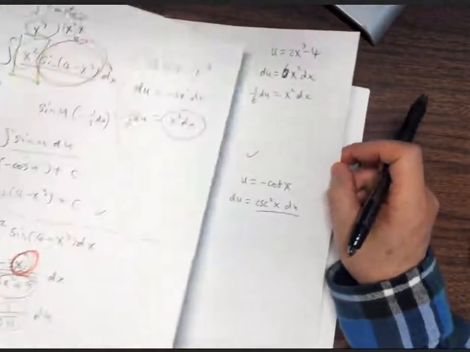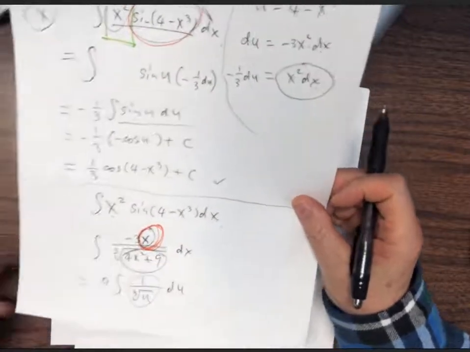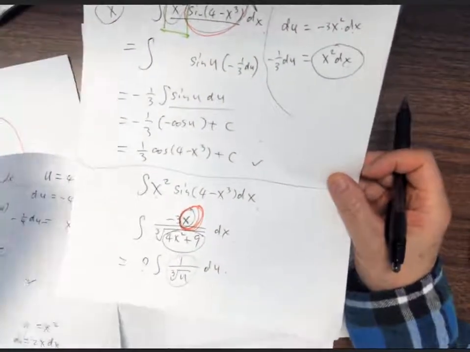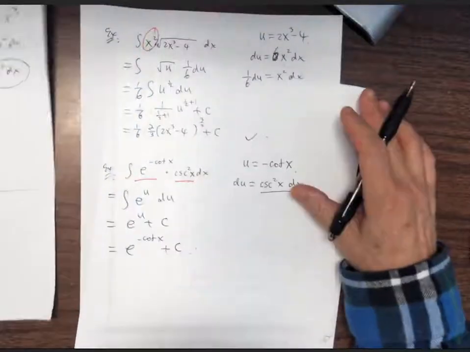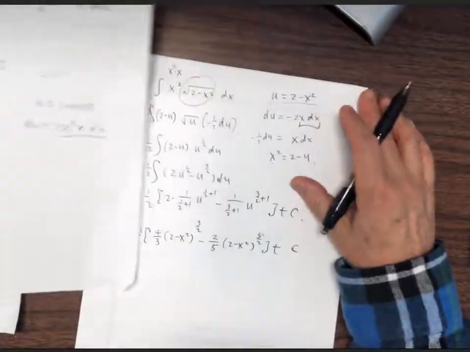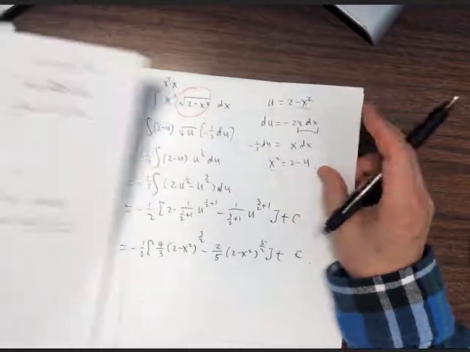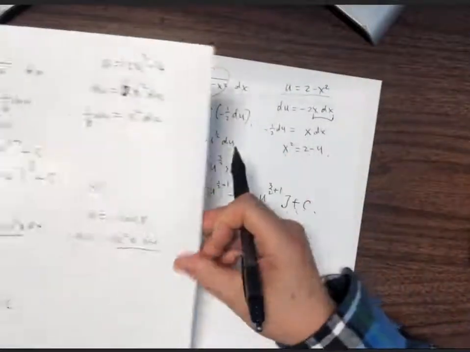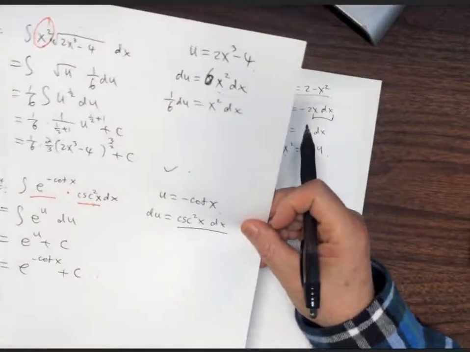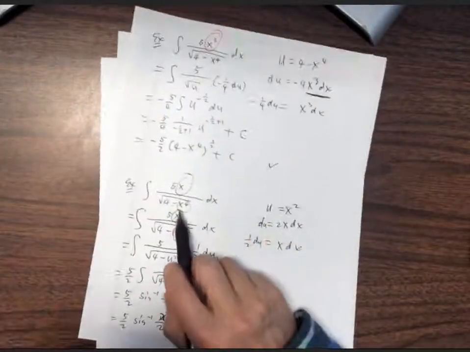If it's a fraction with a radical, maybe you can turn your expression into 1 over the radical, so you can use the inverse trig related integrals, like this one.